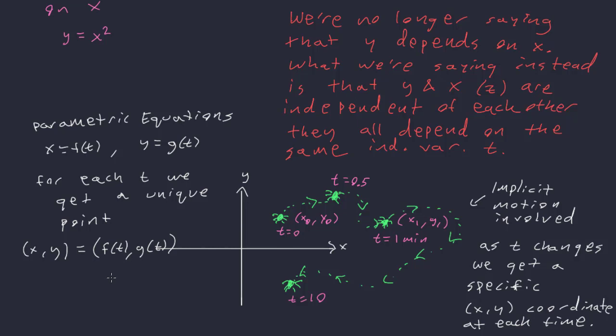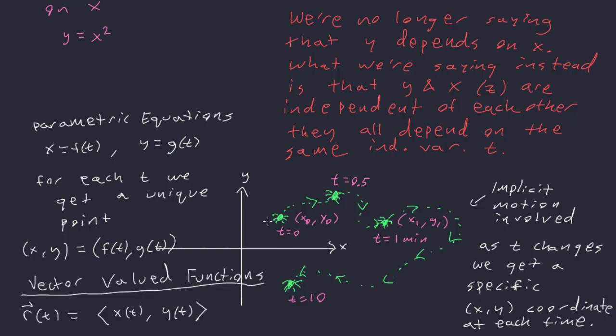And it also gives us something interesting, because when we represent this in terms of vectors as functions, we actually get a vector that points along the trajectory of the path. In other words, at each time, we can think of a vector pointing to where the bug's position is.